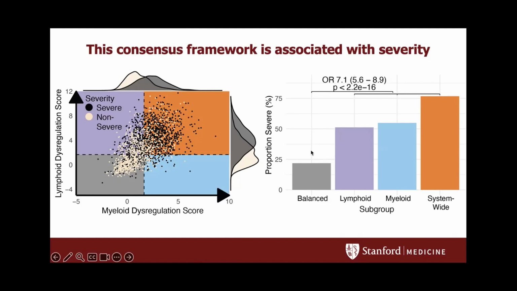Patients in this balanced quadrant right here in the bottom left essentially had a predominance of non-severe infections, which is in tan. And then as you traveled up on either spectrum, you became more and more severe, requiring essentially ICU level of care or dying of your infection in this top right quadrant.